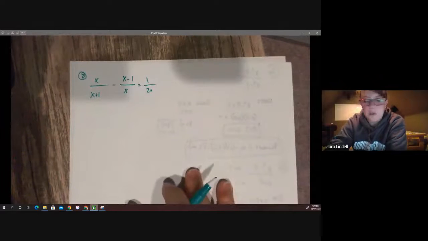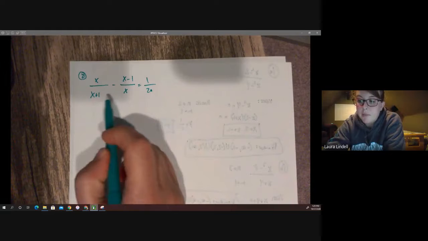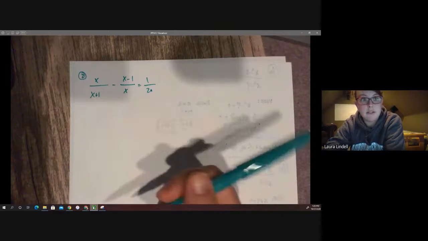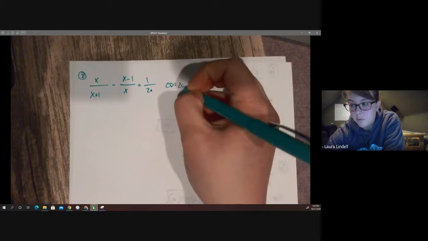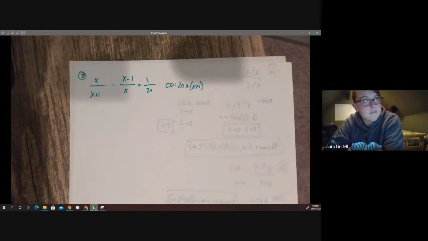Okay, so for this one, we need to find a common denominator. And looking at these 3 denominators here, they don't really have a whole lot in common amongst them. So our common denominator is just going to be all of them multiplied. Okay, all of them multiplied.